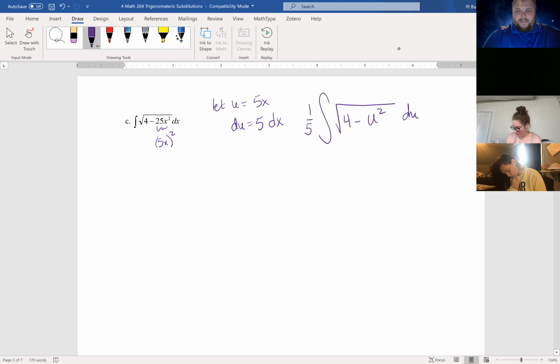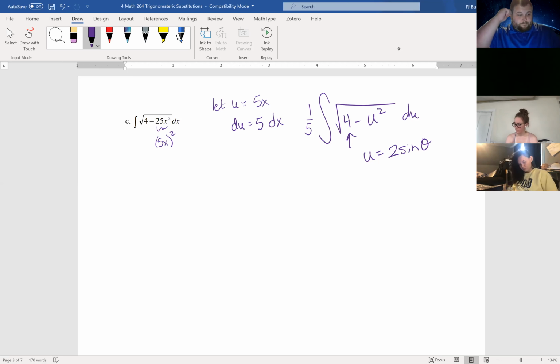So a in this case is the square root of 4, or 2, right? Because that's our a squared. So we're going to let u equal 2 sine theta. And that means that du would be 2 cosine theta d theta.